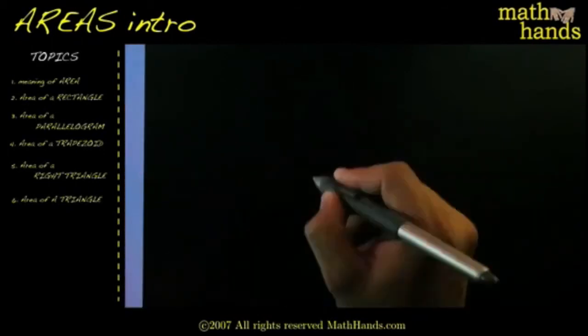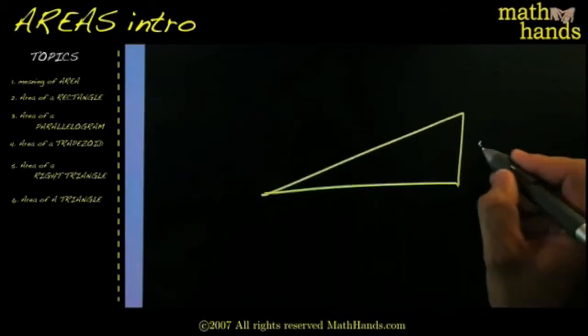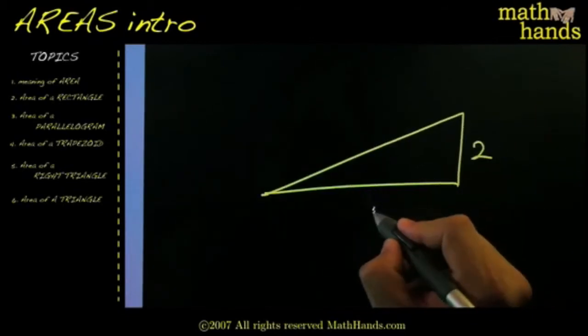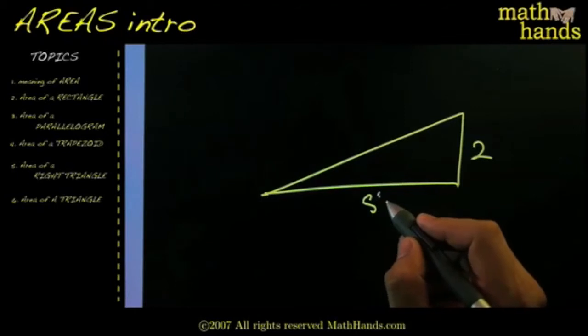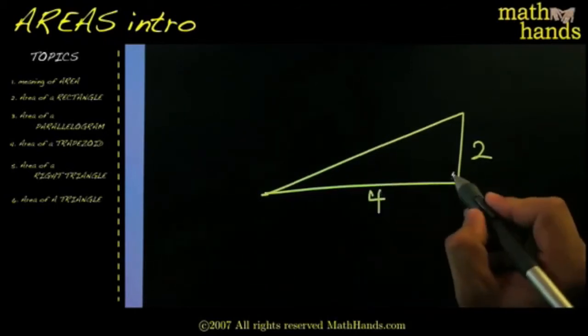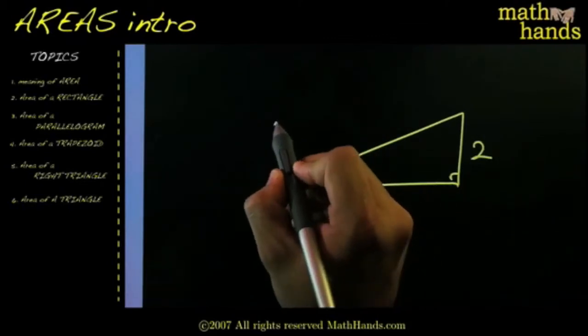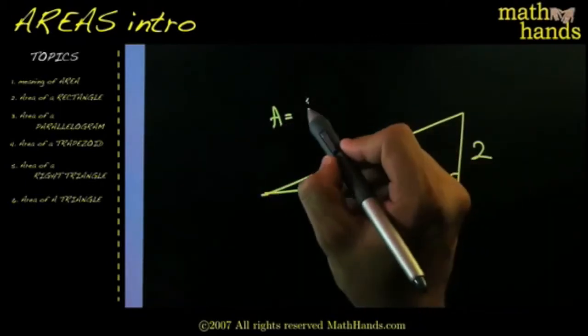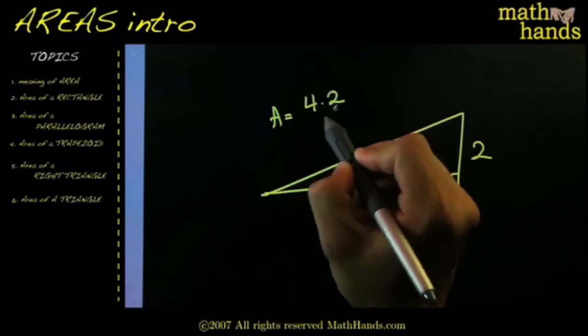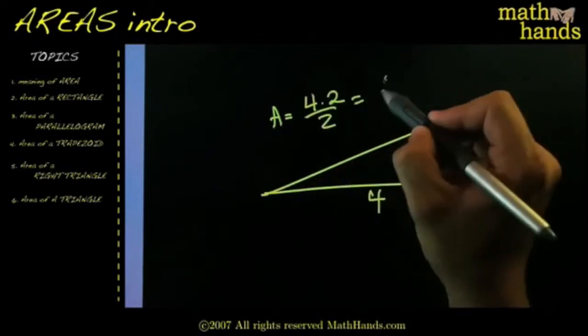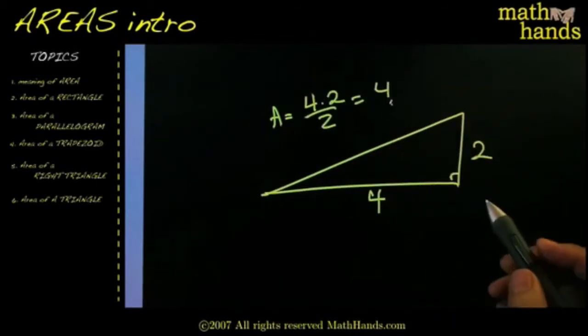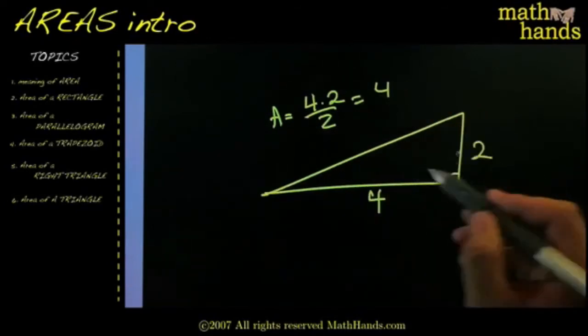So suppose that you've got a triangle here where this is 2 and this is 4. Then if this is a right triangle, what we just discussed would imply that the area would be the base times the height divided by 2. So that means that 4 of these squares could fit in here.